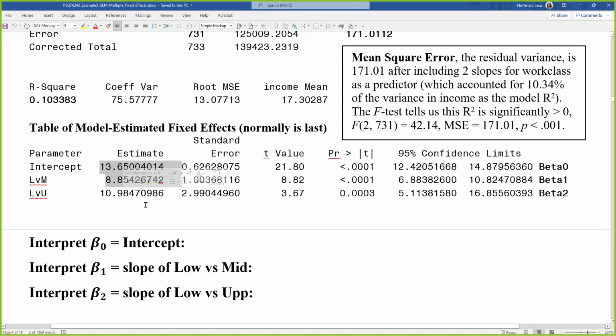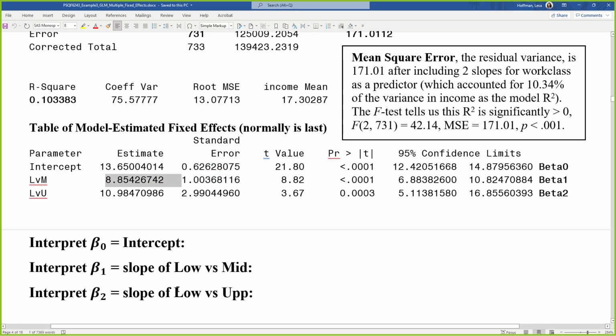That's their predicted outcome for the middle group. Plus residual, yeah, we're talking predicted. These are not going to be exactly right for any one person, but on average, this is what the model says is supposed to happen.